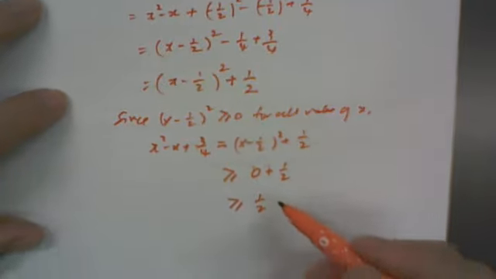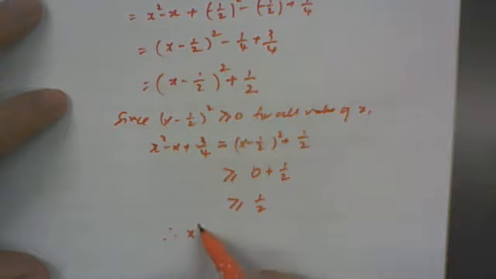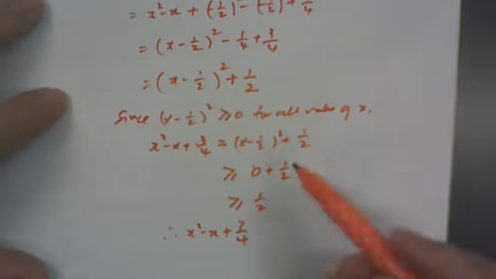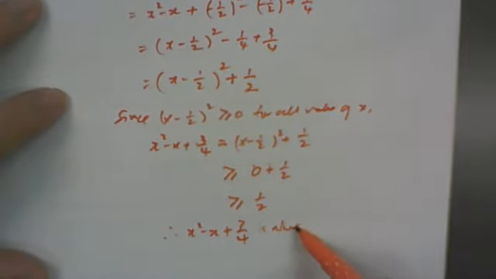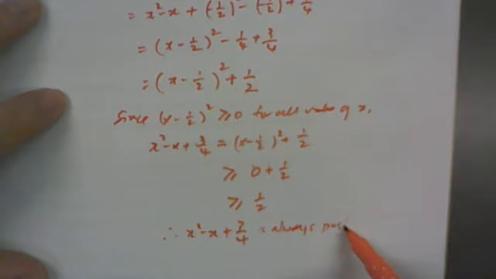Right? And 1/2 is positive, so therefore x squared minus x plus 3/4 is always positive. Right? Okay.